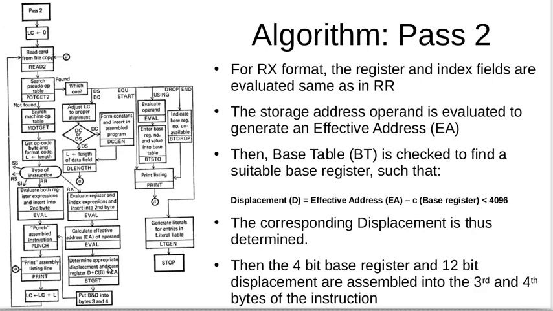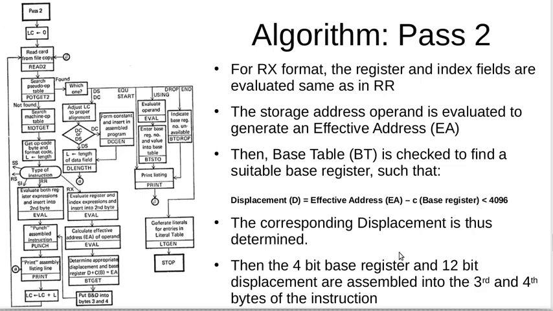For the RX format, this step is more complex, because first we do the same thing as RR with the register and index register, but for the following storage operands, we will need to calculate an effective address, denoted by EA, by checking the base table and finding a suitable base register, so that the displacement plus content of base register will be equal to the effective address, and that displacement will be less than 4096, right?